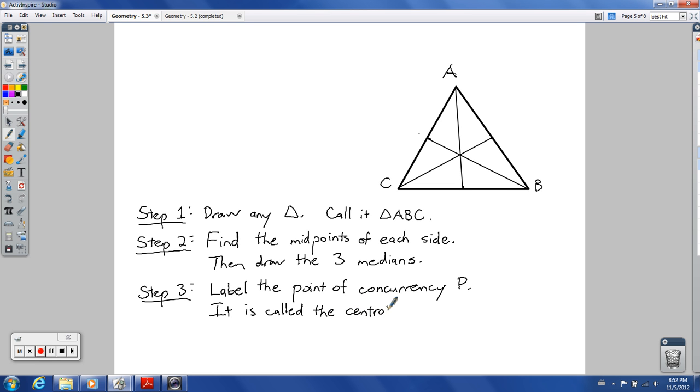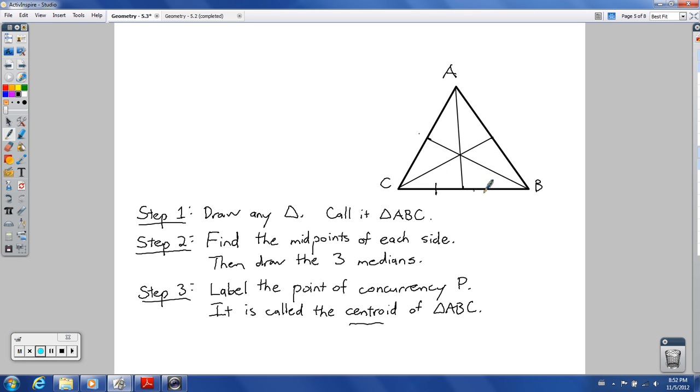Cool name, the centroid of triangle ABC.